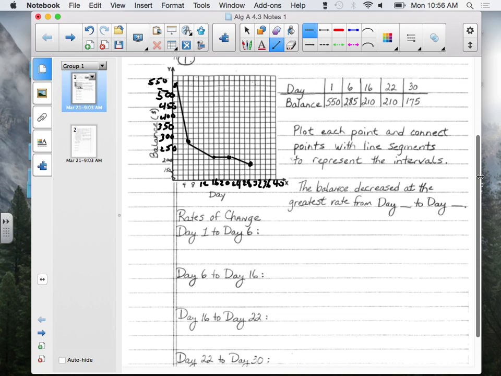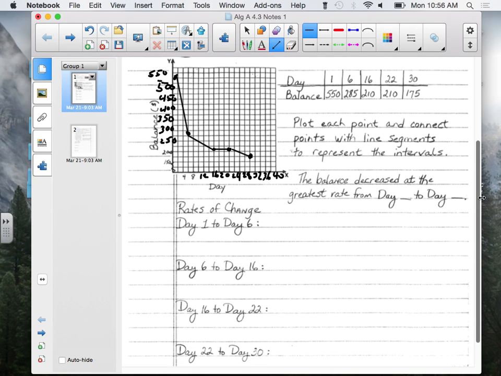So when we're talking about rates of change, we're talking about how quickly things change from one value to another. So when we are dealing with this one, we'll be comparing how fast the balance went from day 1 to day 6, day 6 to day 16, day 16 to day 22, and so on.